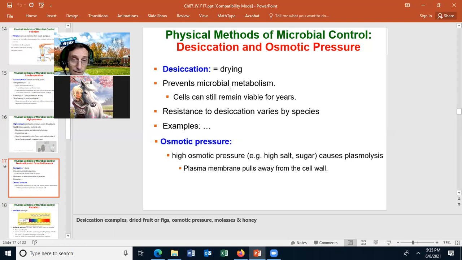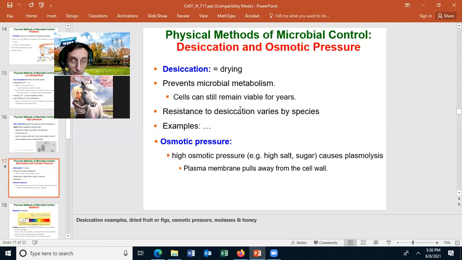The resistance of bacterial species to desiccation varies tremendously with the species. Something like E. coli is pretty sensitive to desiccation, and it does die. I don't know how quickly it dies, but most E. coli cells die within a day if you desiccate them.